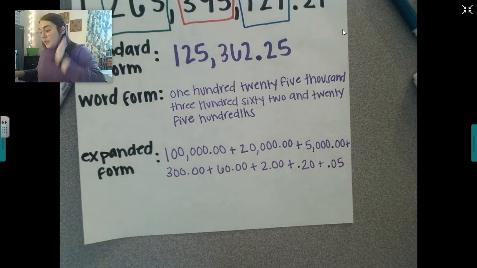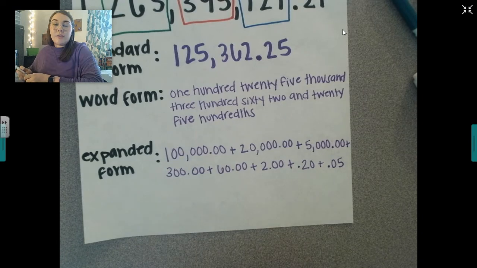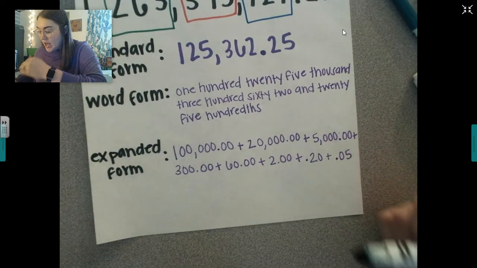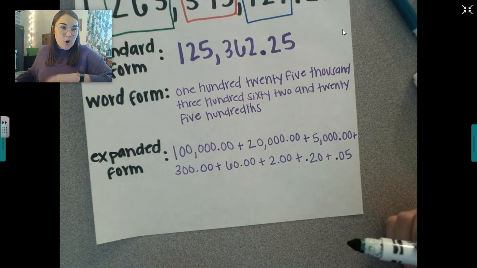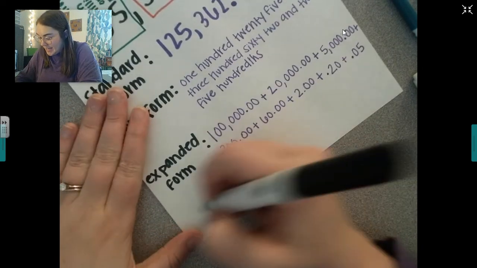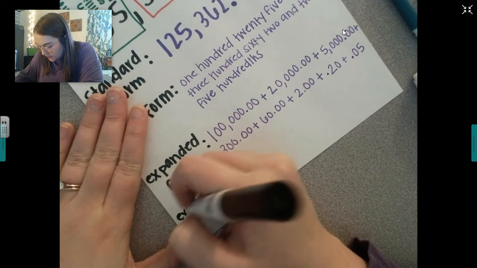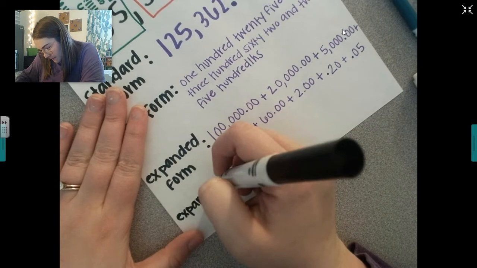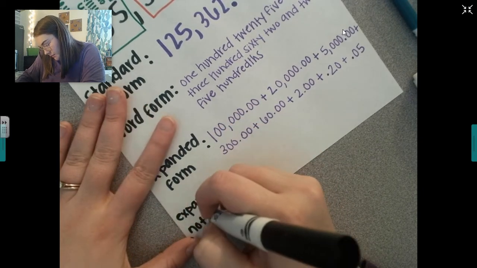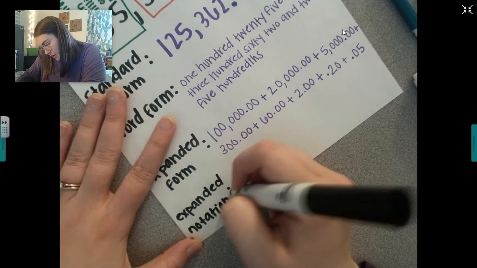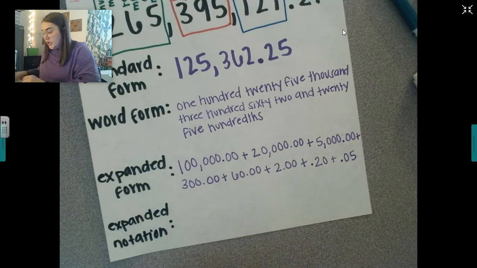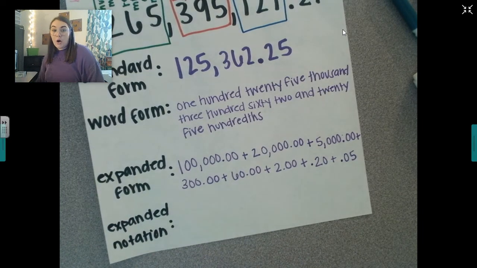And now I'm going to blow your mind, and we're going to go one step further with expanded notation. Once your number is in expanded form, it's a lot easier to get it into expanded notation. So to get it into expanded notation, this is where we do the multiplication part of your number.